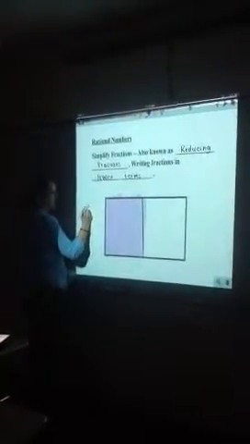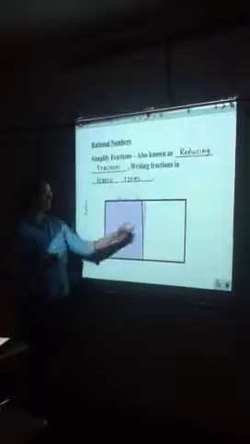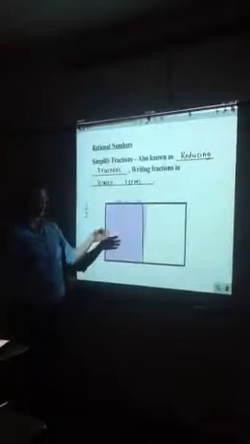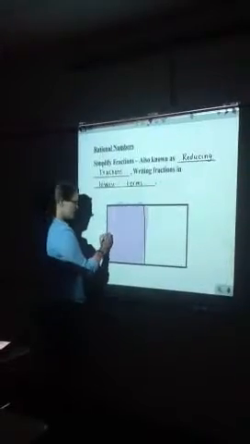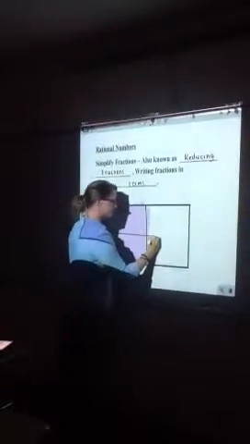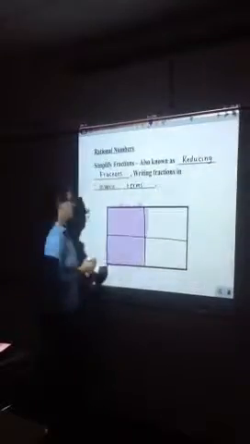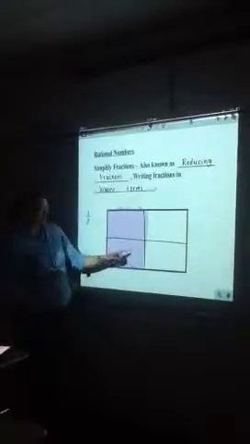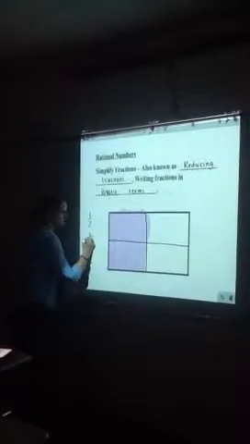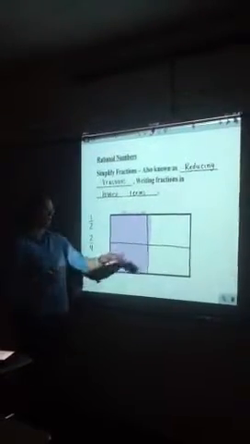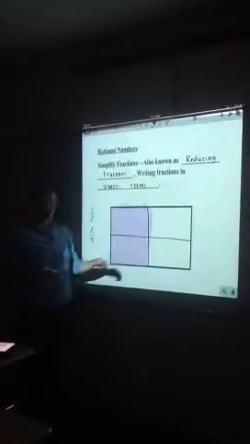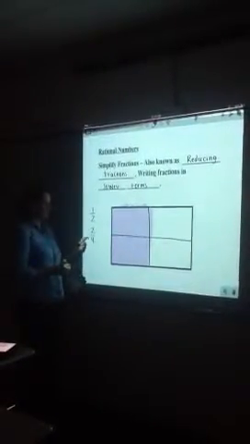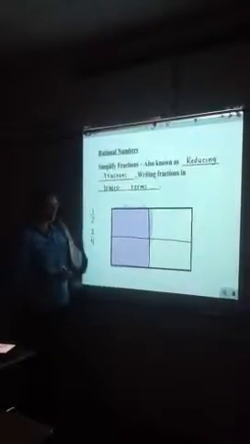One out of two parts of this block are colored in, also known as 1/2 of the block. Very easy to see. Now if I draw another line here, this block is now in 4 parts, and I have 2 out of 4 parts colored in. Still half the block, but now it's 2 out of 4 parts. So these fractions represent the same portion of the block.